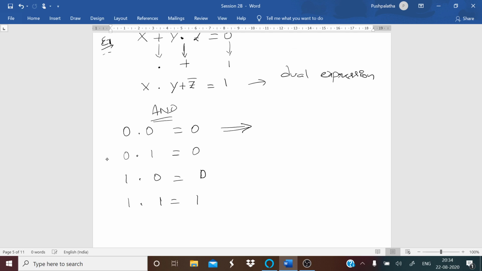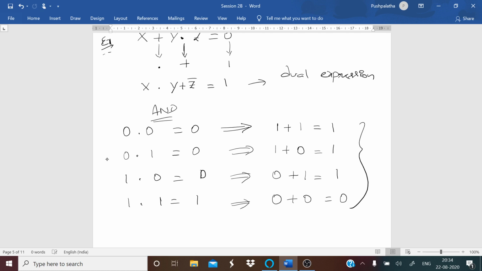If you are going to do the dual, then it will be the opposite, as we said. 0 is changed to 1, 1 to 0, AND to OR, OR to AND. So 0 to 1, into is changed to plus, 0 to 1 equals 0 is 1. And again this 0 becomes 1, dot becomes plus, 1 becomes 0 equals 0 becomes 1. And again 1 becomes 0, dot becomes plus, 0 becomes 1 equals 0 becomes 1. And again in this 1 becomes 0, dot becomes plus, 1 becomes 0 equals 1 becomes 0.